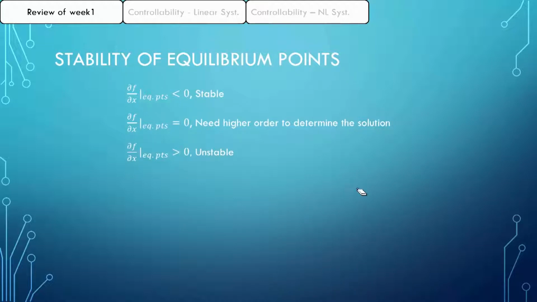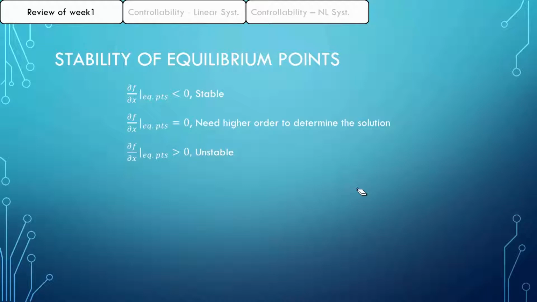So next page, stability. Given this equilibrium point, how do you evaluate the stability? There are 3 cases: one is stable, one is unstable, and this one is in between.